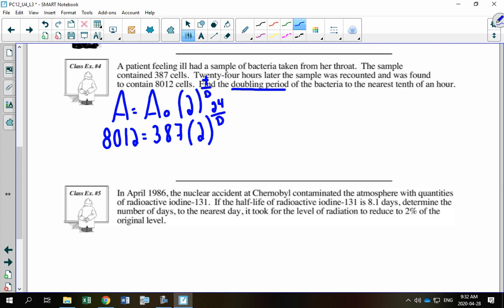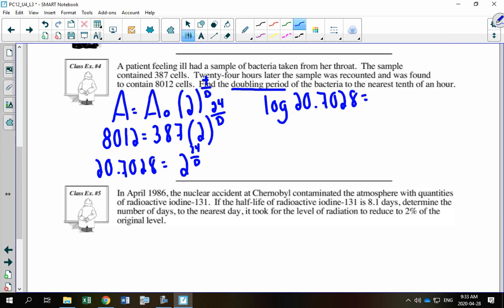Okay, so solving for our exponent. First thing we're going to do is divide by 387. So 8,012 divided by 387 is 20.7028, equals 2 to the power of 24 over D. Let's take the log of both sides to solve for our exponent.